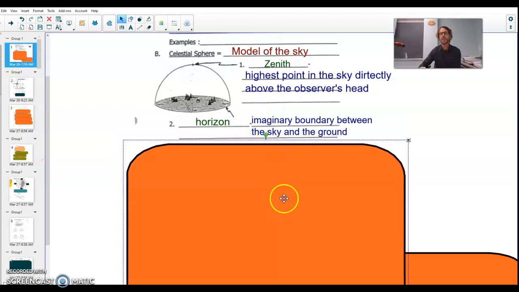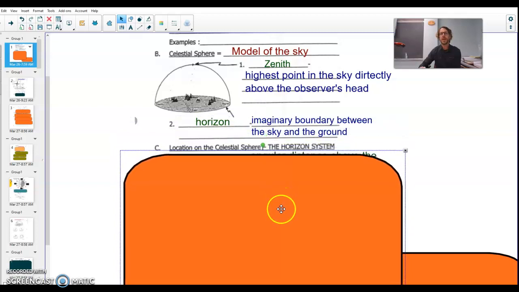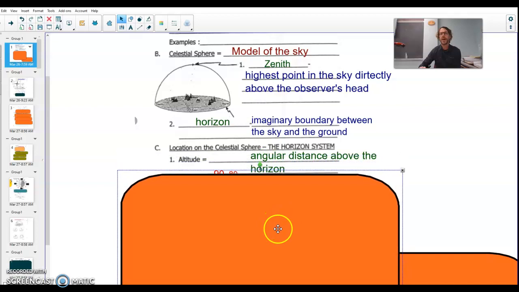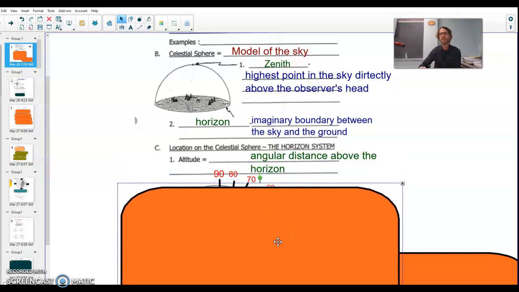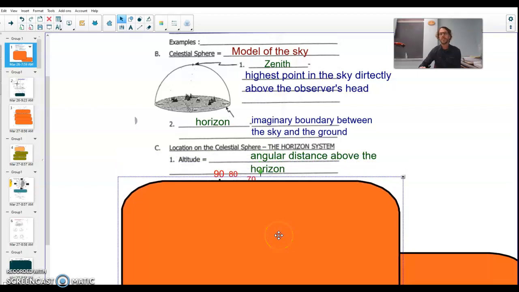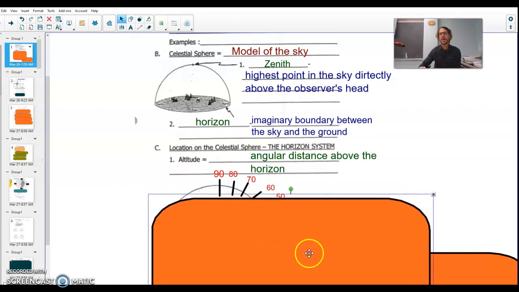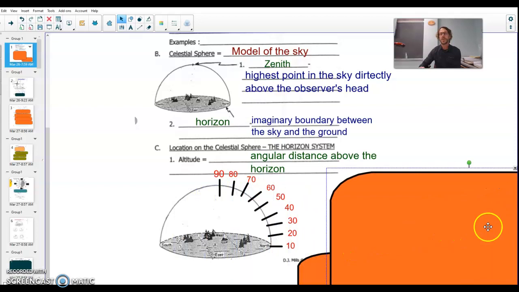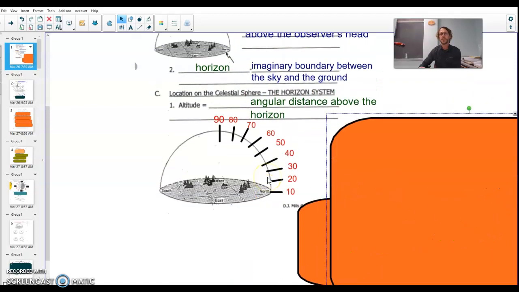The horizon is an imaginary boundary between the sky and the ground. And the altitude is the angular distance above the horizon. In your notes here, you have a picture of a celestial sphere, and I just gave it some degrees: 10, 20, 30, 40, 50, 60, 70, 80, and 90 is the highest value it can go to.